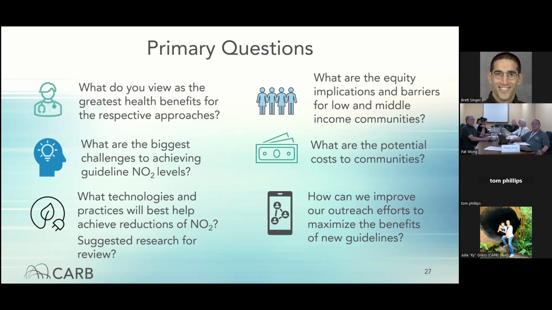And honestly, CARB is just somewhat behind on getting those, I shouldn't say behind, but it's a good time for us to update our guidelines as well. There's a lot of new information available that we need to be considering and that we can take into account with moving forward and updating guidelines.